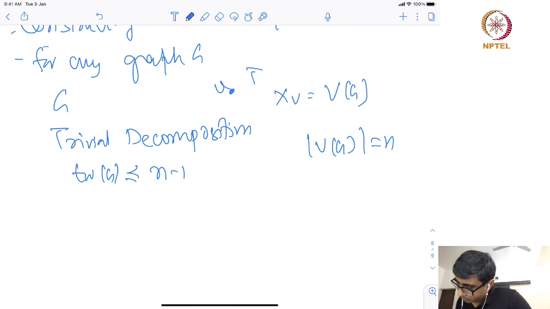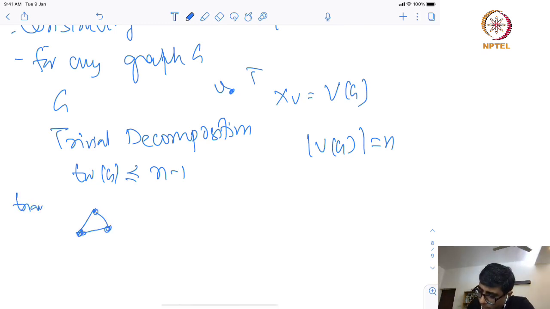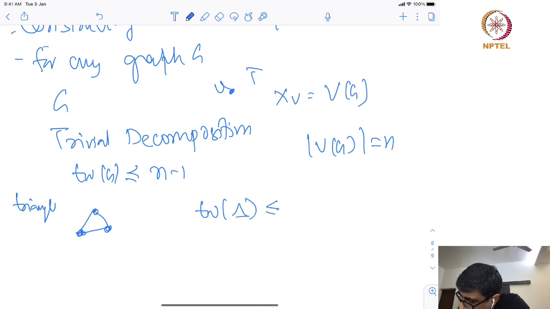Now suppose this is my graph, a triangle. If I make a trivial decomposition, that implies that the treewidth of a triangle is at most 2.